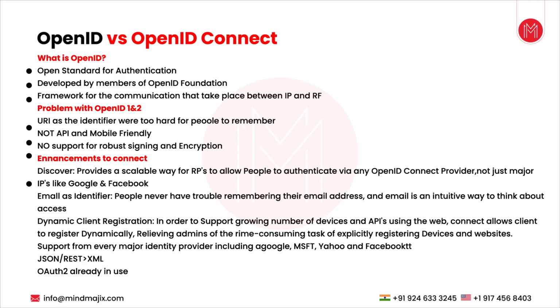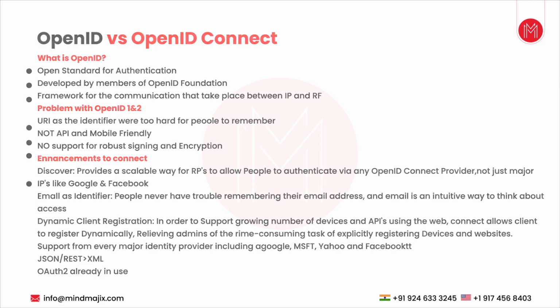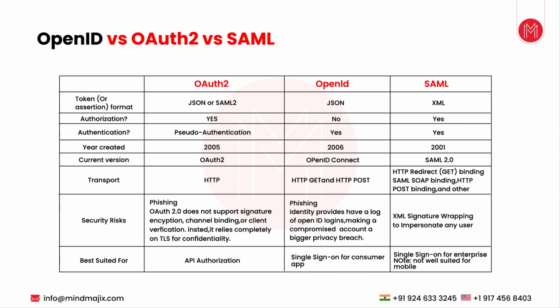The enhancements that came into existence were treated as OpenID Connect. That was the main difference, although this is not very important to understand in the fundamentals part, so that's fine. Now, if you need to understand the basic difference between OpenID, OAuth, and finally SAML.